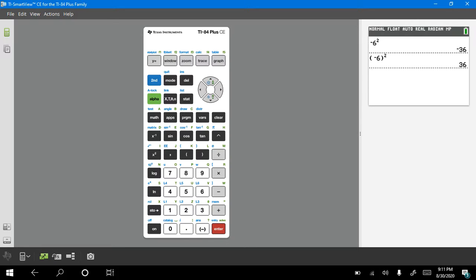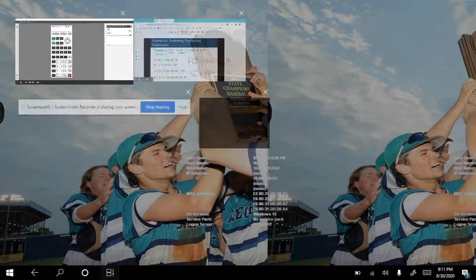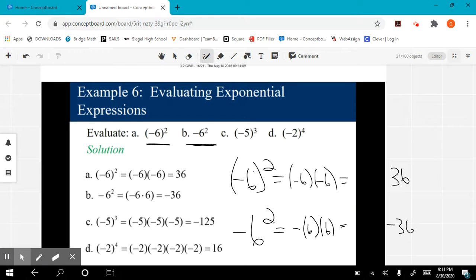This is one mistake that happens over and over and over again, is you get in a hurry and you don't use your parentheses. Now, if I was just working that out by hand and not using a calculator, and I put -6 squared without parentheses, and I knew in my mind what I was talking about, I wouldn't have an issue. But if we're using calculators, it is very important that you use that negative.